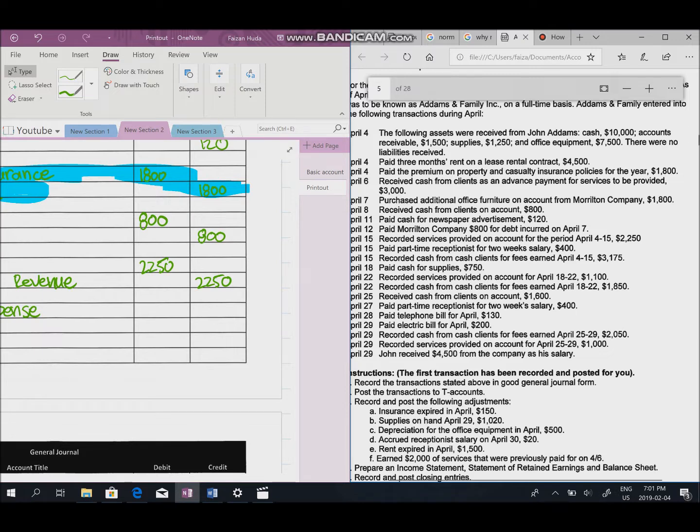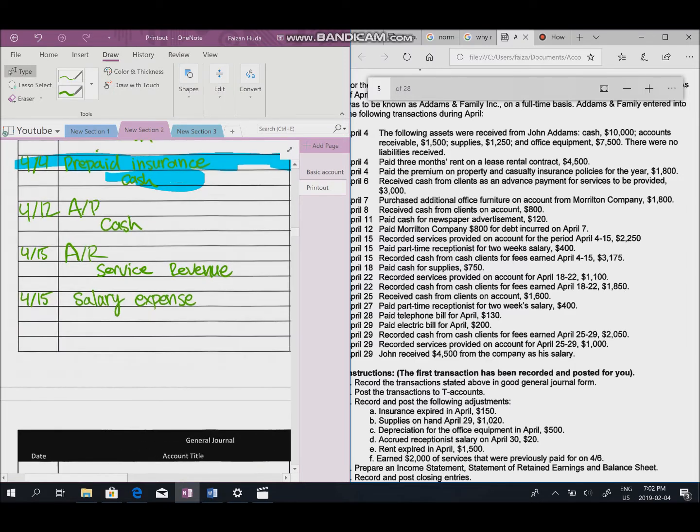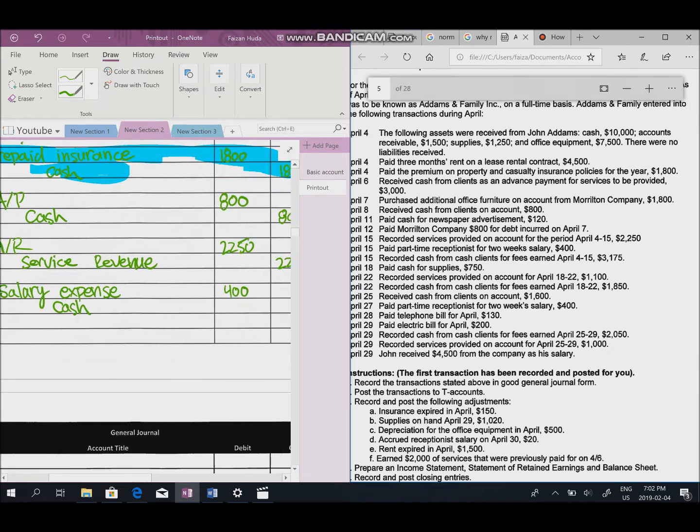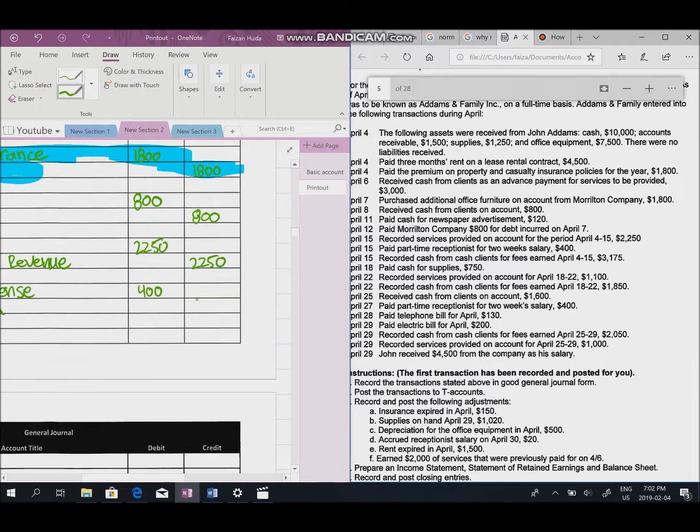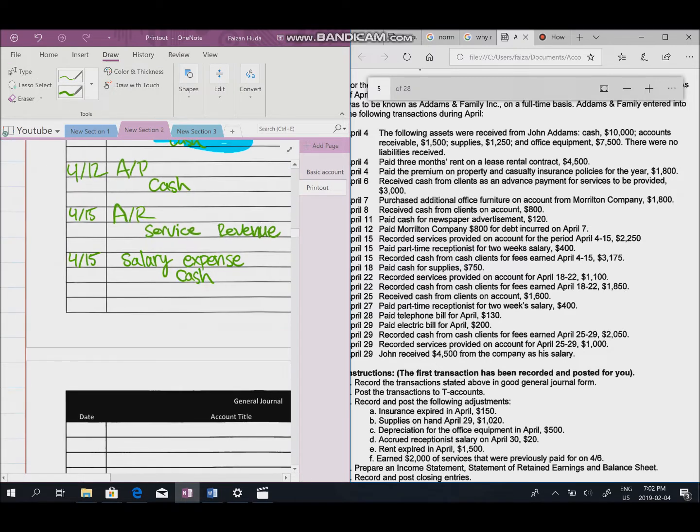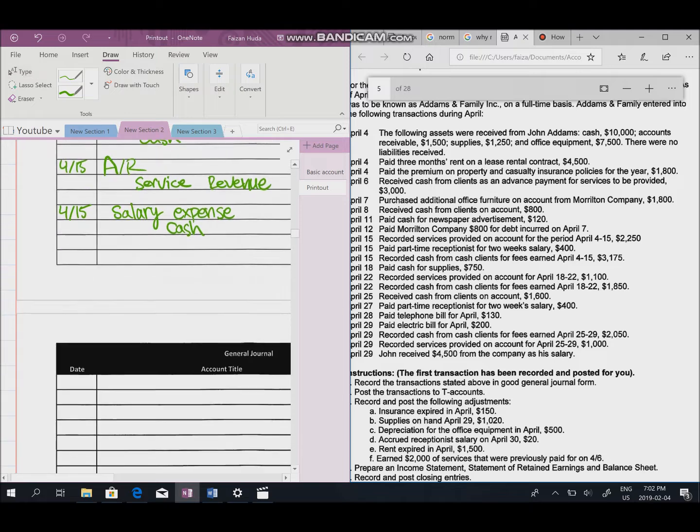Let me double check. Yeah, we paid her $400, so it would be debited by $400. Then you credit cash since you lost that money because you paid the receptionist. Cash would be credited $400. Moving on to our next journal entry, which is also April 15.